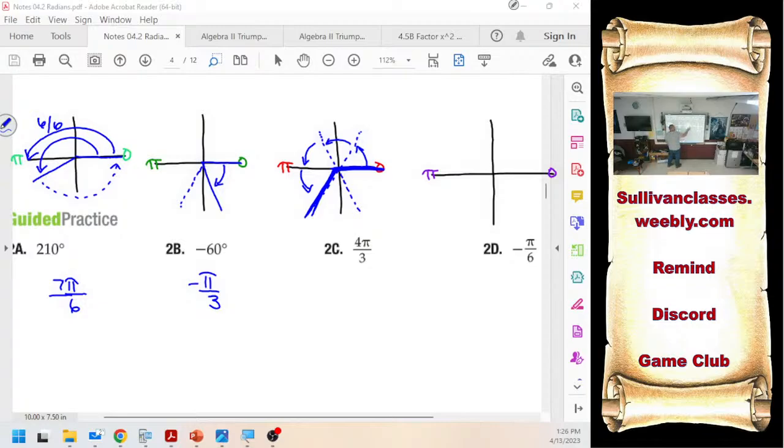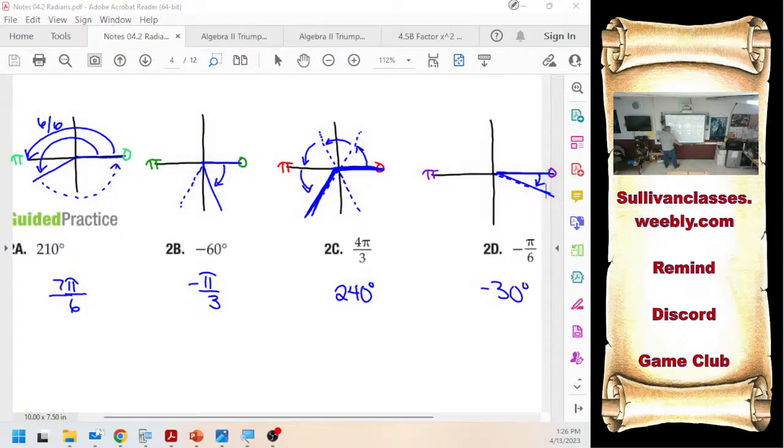My angle is going to be 60, 120, 180, 240. Negative pi over 6 is at negative 30.